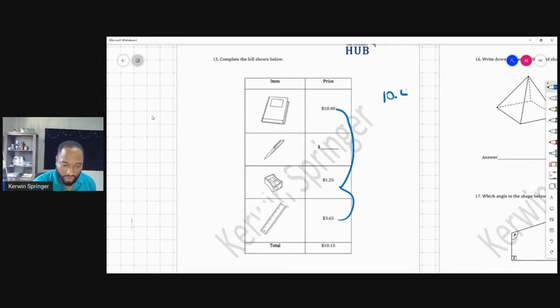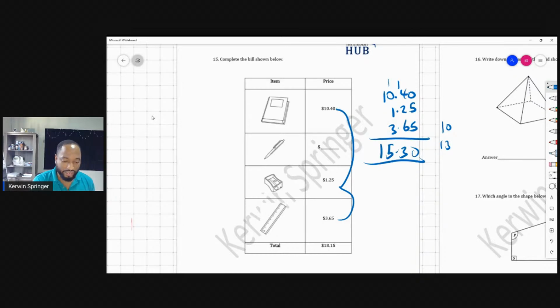1040, 125, 365. 5 and 5 make 10, so 0, carry 1. 1, 4 and 6 is 10, and 3 is 13. So the 1 comes over here. 1, 1, and 3 is 5. So we have 1530 so far.